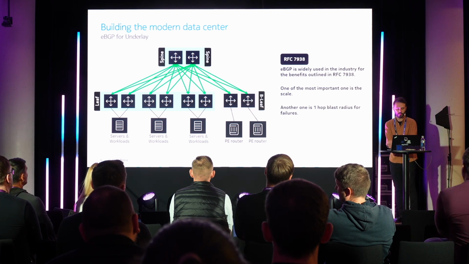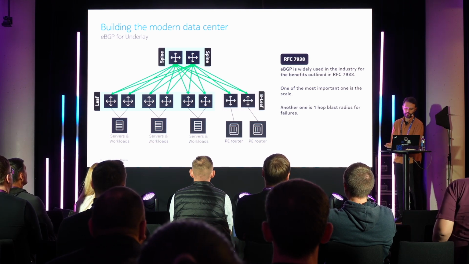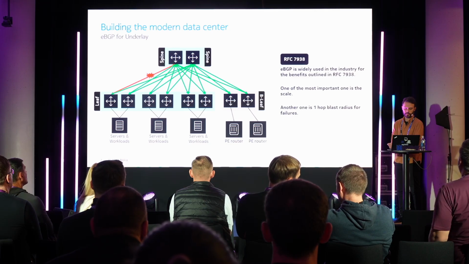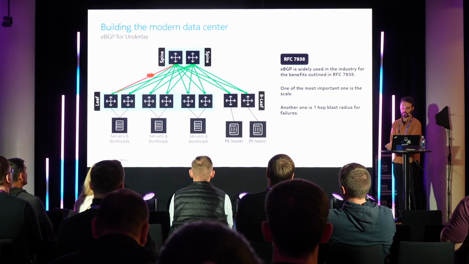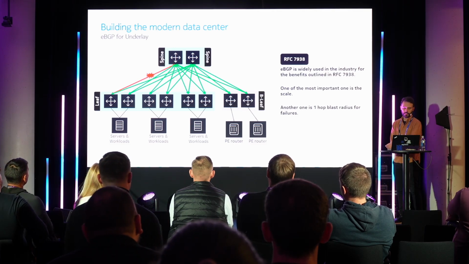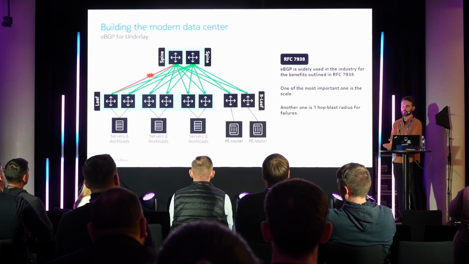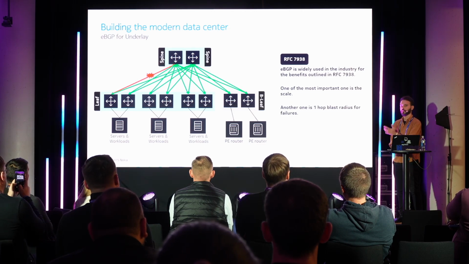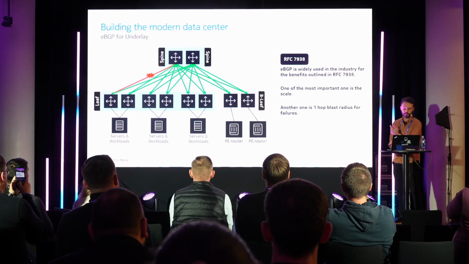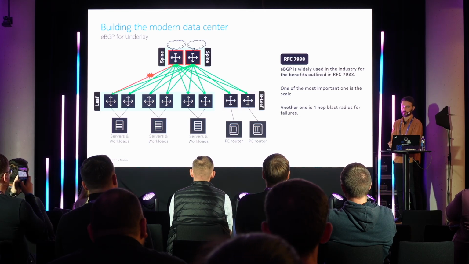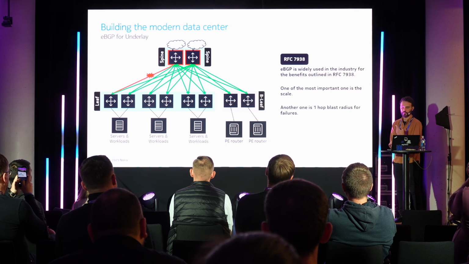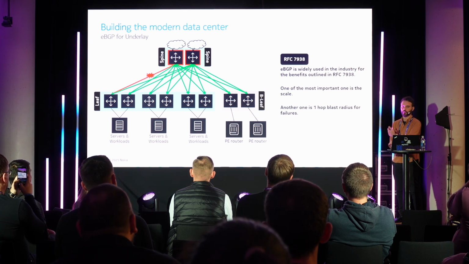The second reason for me, the compelling reason for using eBGP, is blast radius. Imagine a link failure, a link flap in a data center. If you were using IS-IS or OSPF, the whole network would be running SPF calculations, recalculating, and the link would be flapping. In the case of eBGP, only the spines will run the vector calculations, because in eBGP the peers always advertise the routes with next hop self.